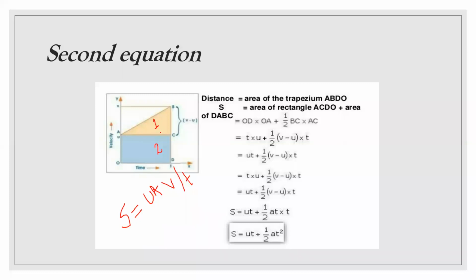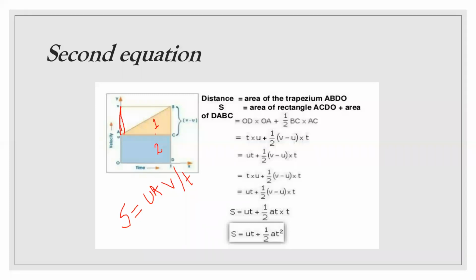So the under area of this triangle will be half into this height. This height is what? Am I correct or not? This height BC is equal to this height. Yes, Aditya, very good. And this height is equal to v minus u, since initial velocity is at this point and final velocity is at this point.